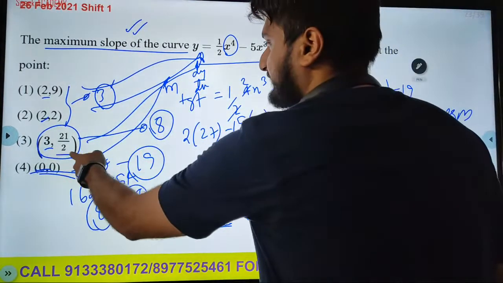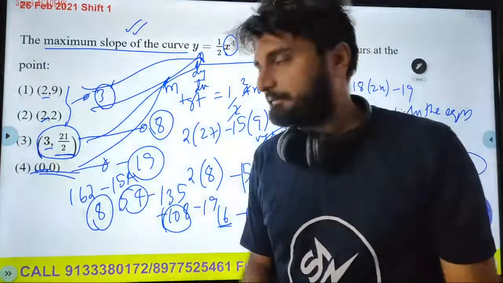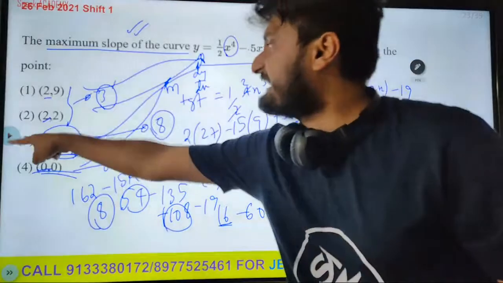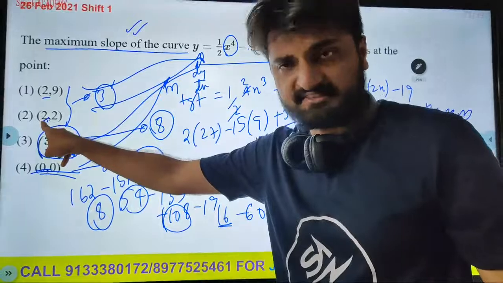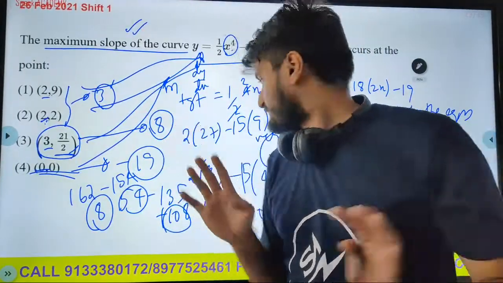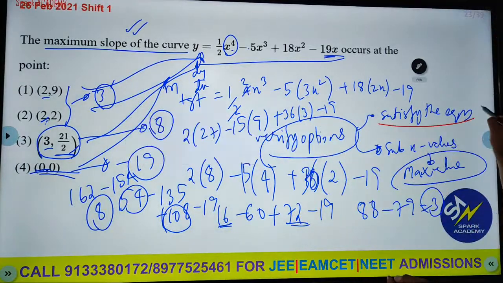Now you need to check, because this is the point of contact. Point of contact means this should also satisfy the curve equation. If this is satisfying it, then this is the answer. So we have to verify options which will satisfy the equation.